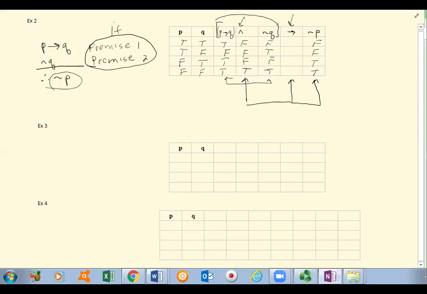Again, because it's a conditional, you're looking for a true followed by a false if you can spot one. I look in this column and see a true here. When I look over here, it's not a false, it's a true. So all of these are true. That means we have a valid argument, since all are true.